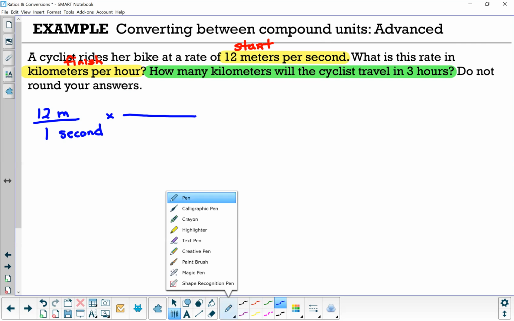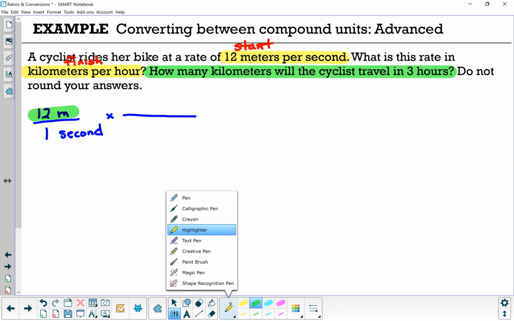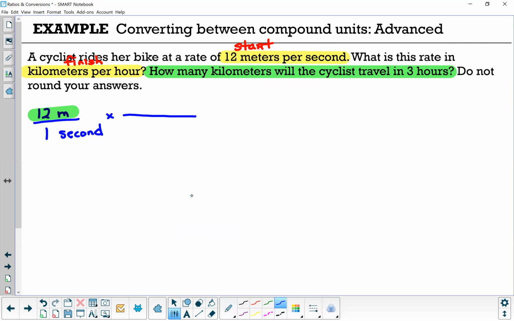So I'm looking at the 12 meters. I want to convert that to kilometers. So I know the equivalent statement for that is 1,000 meters is equal to 1 kilometer. Analyze my units here. I can see meters divided by meters is eliminated, and I'm left with kilometers.